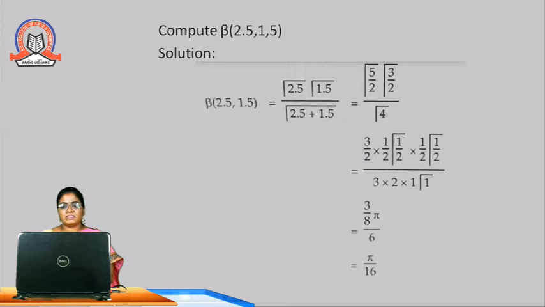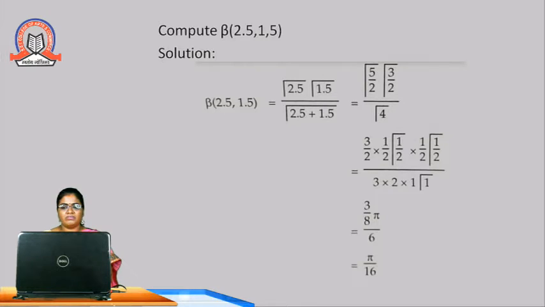Using these properties we are going to calculate beta of 2.5 comma 1.5. Using the beta and gamma relation, beta of m comma n equals gamma m gamma n upon gamma (m plus n).